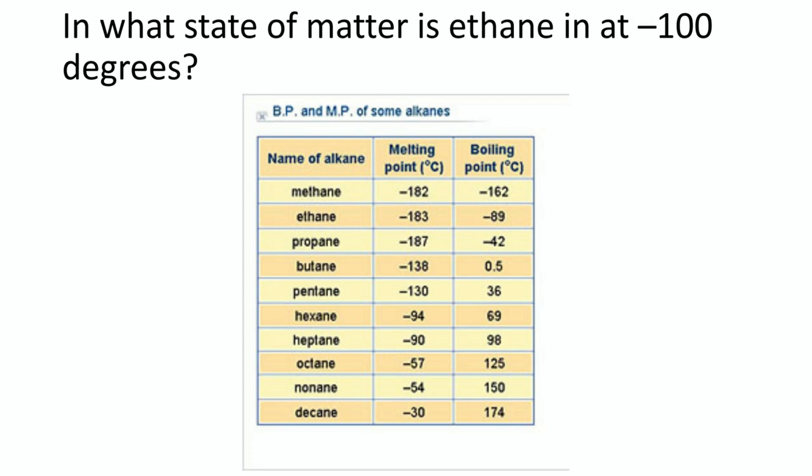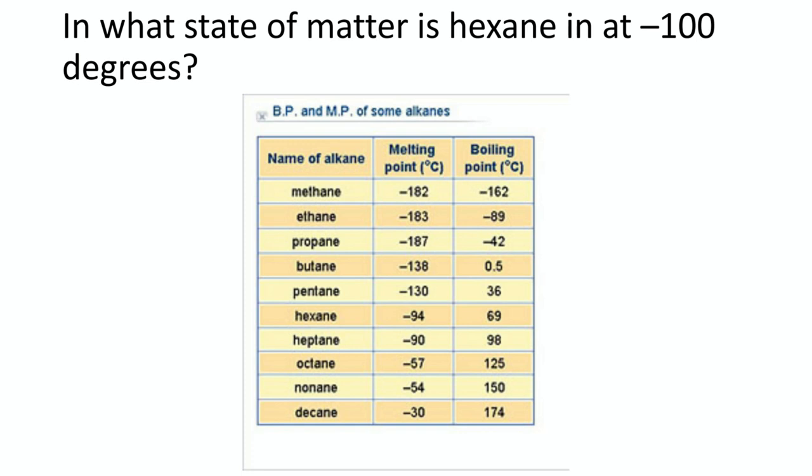And that means that ethane is a liquid at negative 100 degrees. So this number, if you look at it kind of like a number line, I would put negative 100 in between negative 183 and negative 89. And if it's in between, then it's in the in-between phase, which is a liquid.